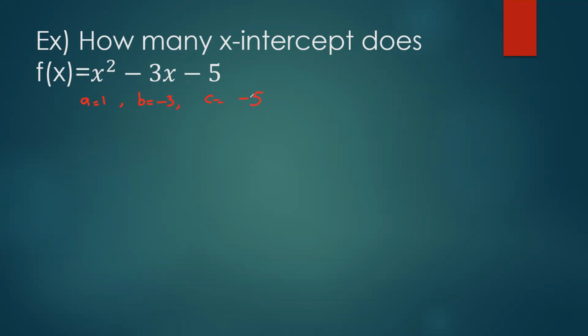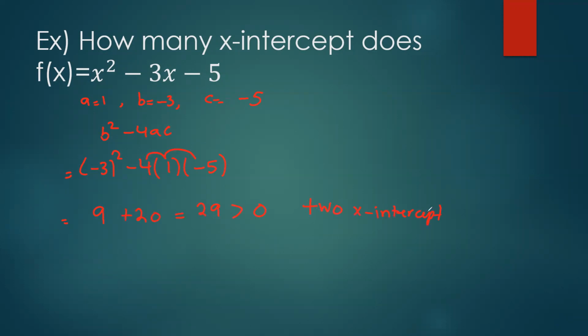So we do b squared minus 4ac. That's -3 squared minus 4 times 1 times -5. -3 squared is 9, and -4 times -5 is positive 20, and that is 29, which is greater than 0, right?